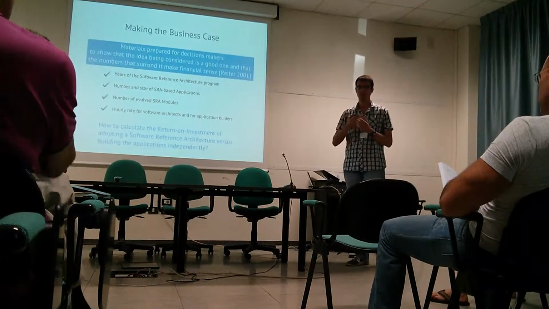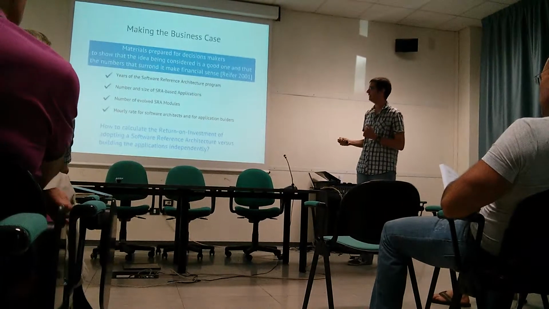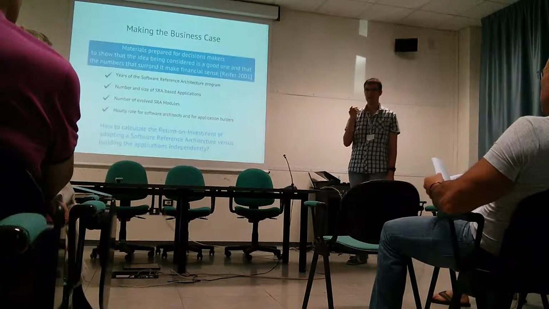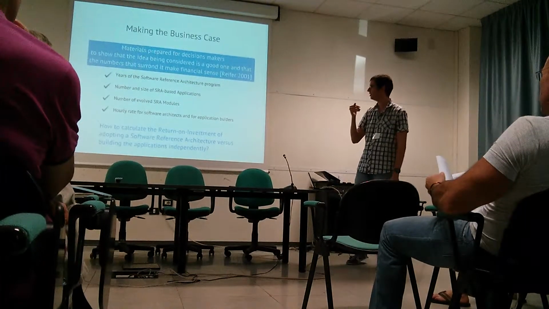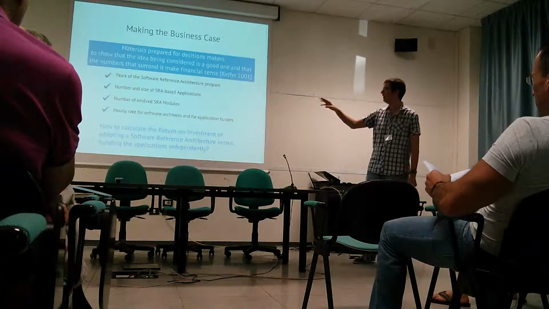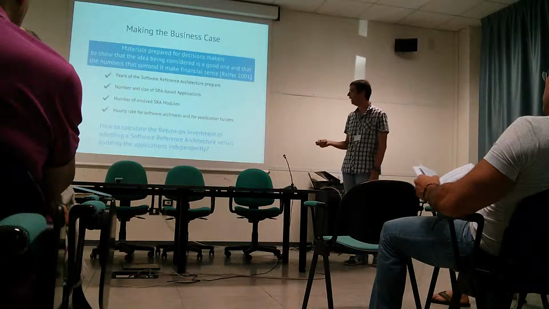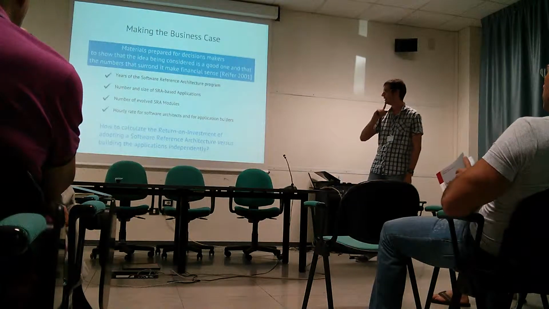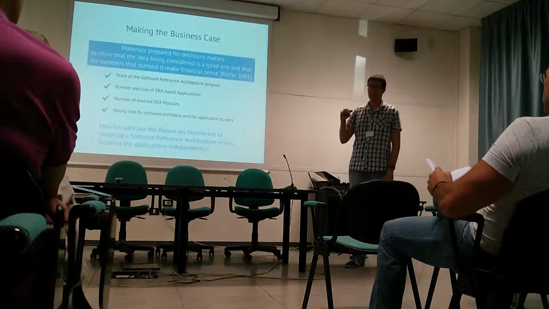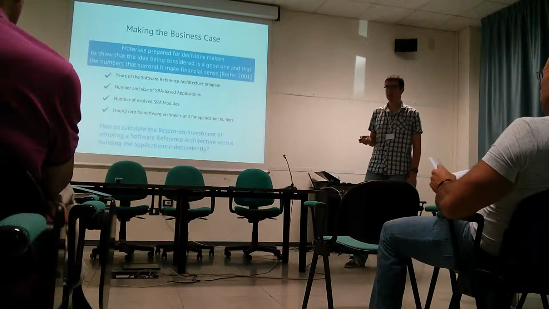For that, we need to know some other parameters, such as the years of the software reference architecture program, the number and size of applications that are in the roadmap of the architecture program, the possible evolved or new modules, and overall rates for software architects and applications. So now we have the model, but how can we use all this to calculate the return on investment?